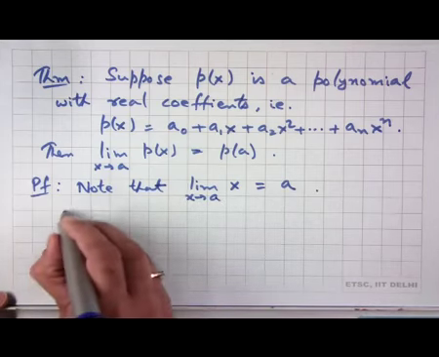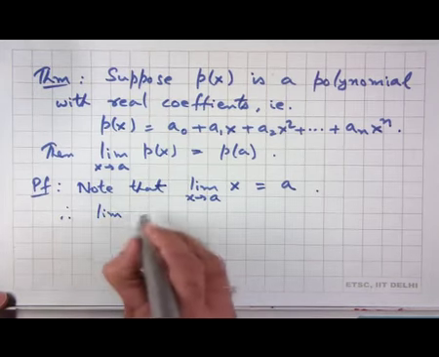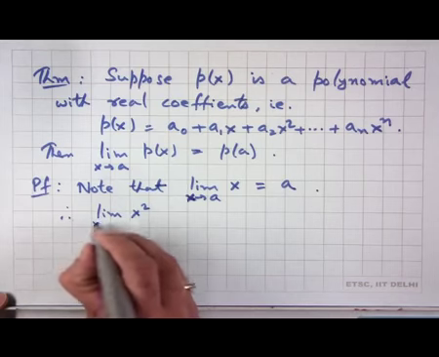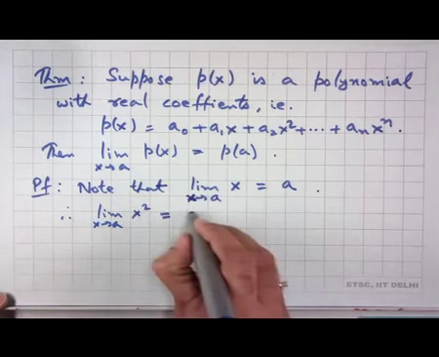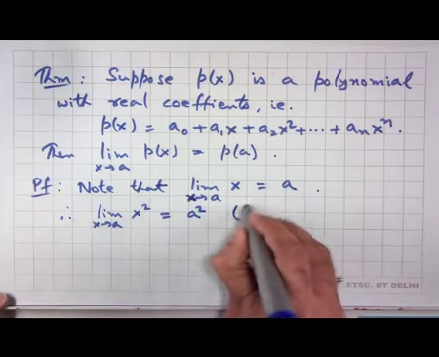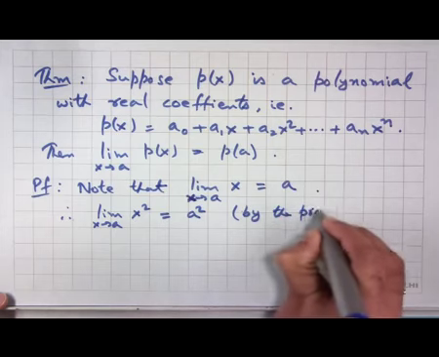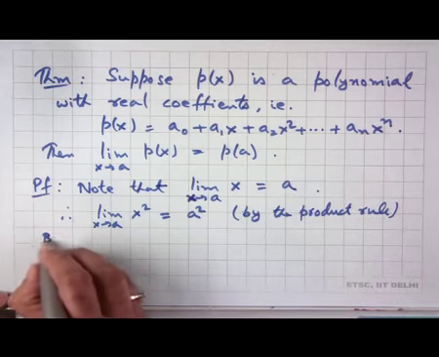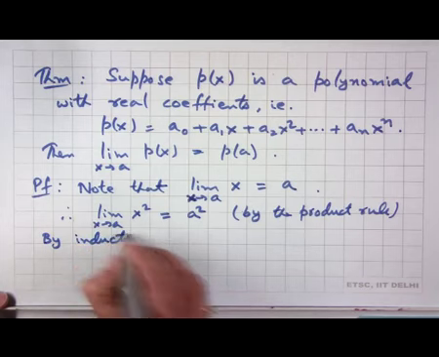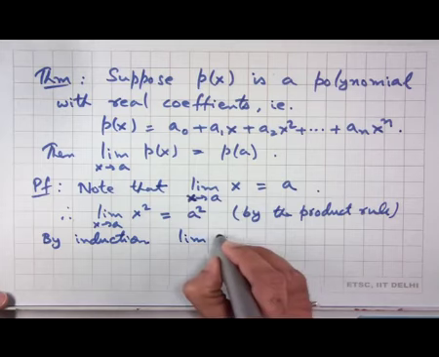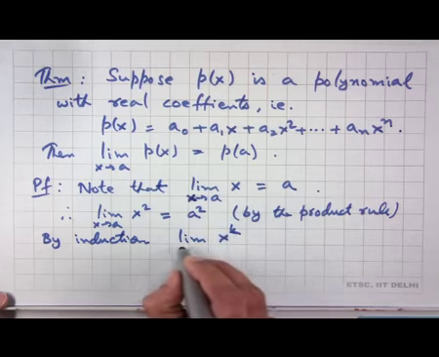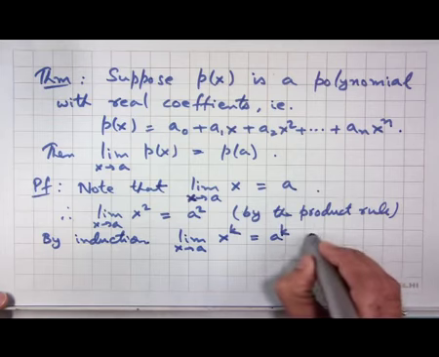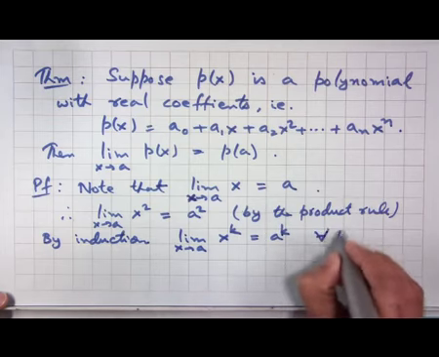Therefore, the limit of x square as x goes to a will be equal to simply a square by the product rule, and by induction the limit of x to the k as x goes to a is equal to a to the k for all k in natural numbers.